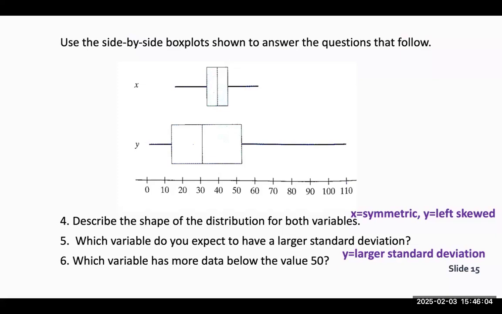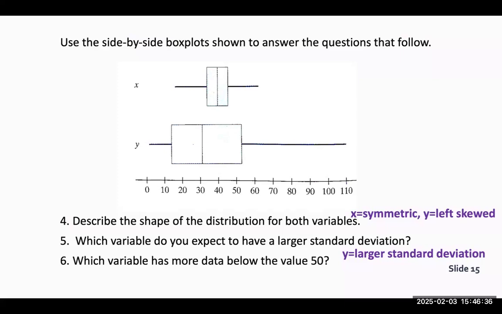The value 50, if we look to see where it lives in box plot Y, is between the median and quartile 3. That means somewhere between 50 and 75% of the data is below the number 50. While for variable X, the number 50 lives in the right tail. So the right tail is where between 75 and 100% of the data lives.